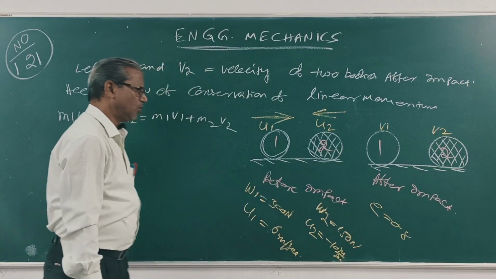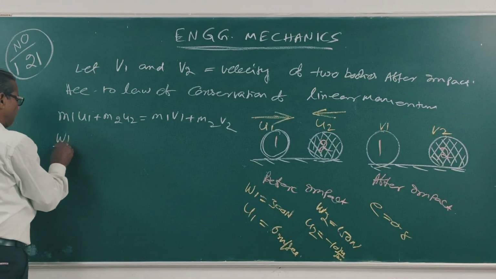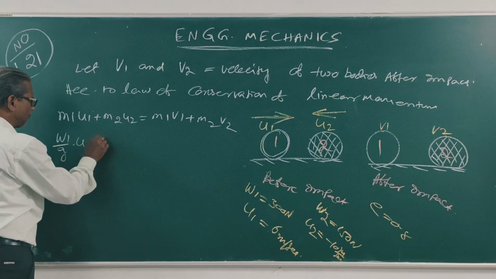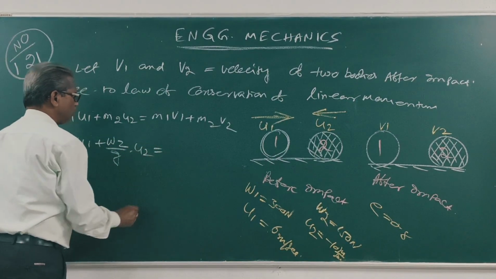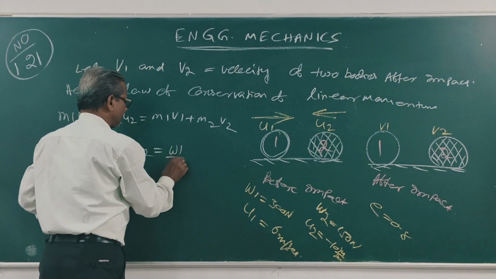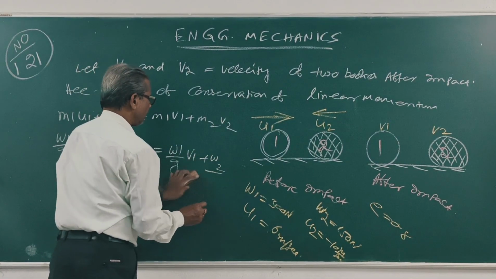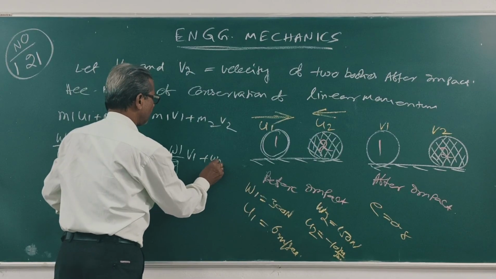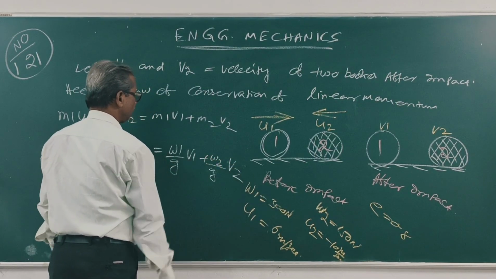Here we put W. In terms of W, W1 by G U1 plus W2 by G U2 is equal to W1 by G V1 plus W2 by G V2. Clear?